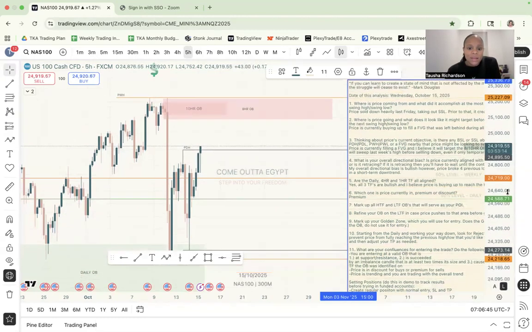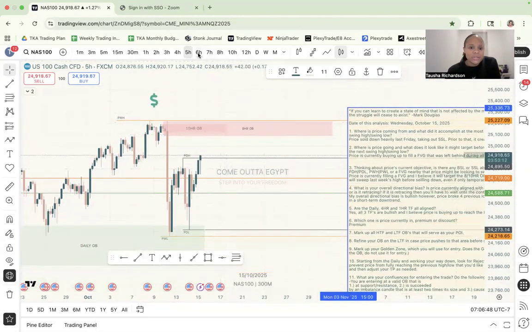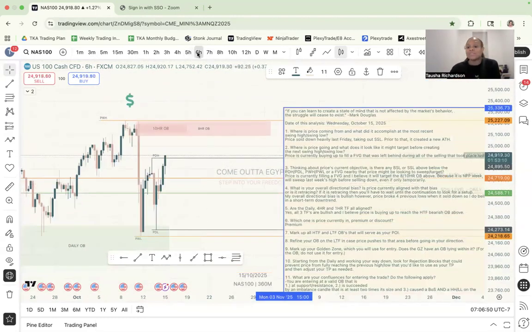Even if I don't take a trade, for example, price is buying up, right? But because my overall short-term bias is bearish, even though it's buying up and I might see valid buy opportunities, for me, that's going against the trend, because in my mind price is in a short-term downtrend, and going against the trend goes against my trading plan.